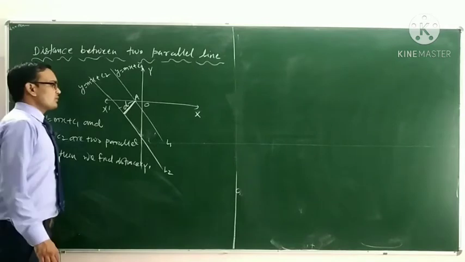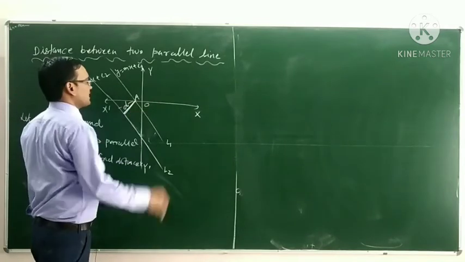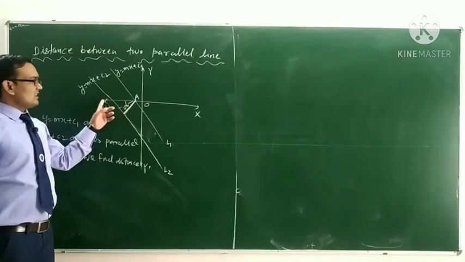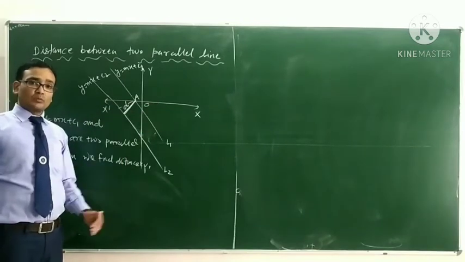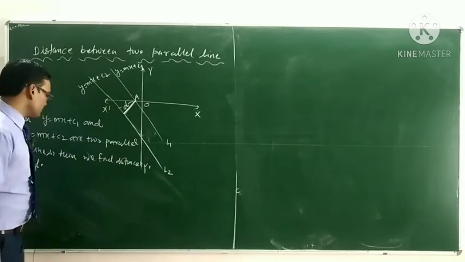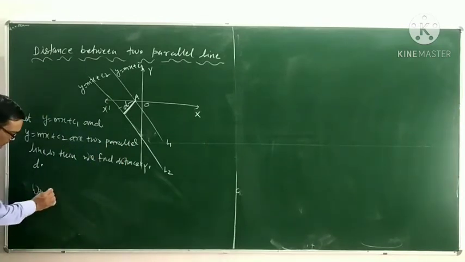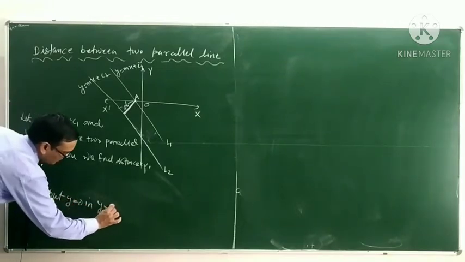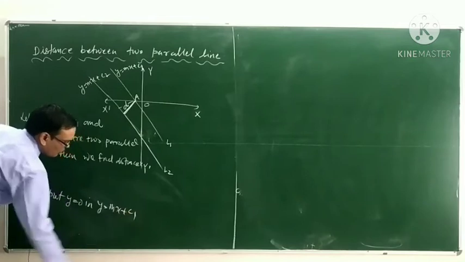Okay students, we find the coordinate of point A. Point A lies on the x axis, so the y coordinate of this point will be 0. We put y equal to 0 in y equal to mx plus c1.